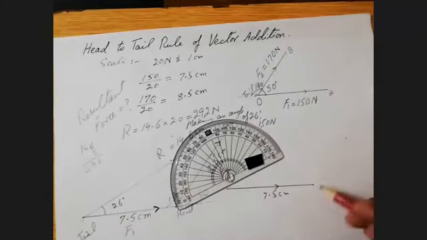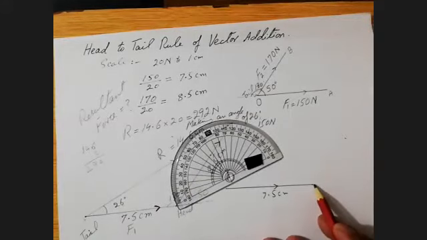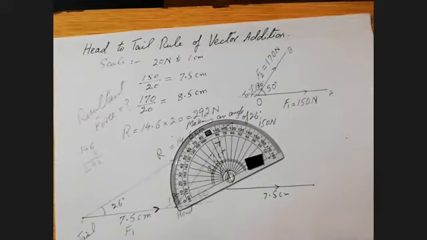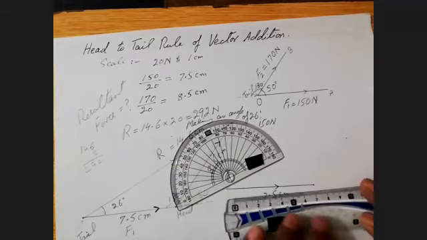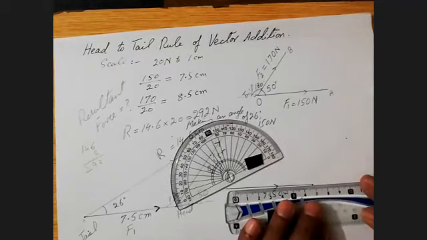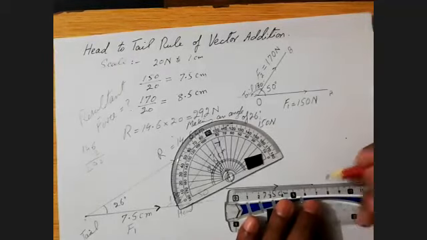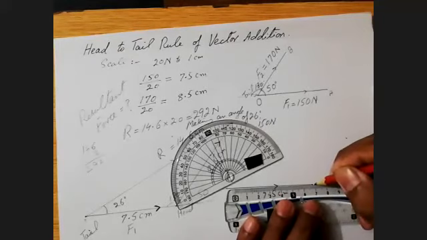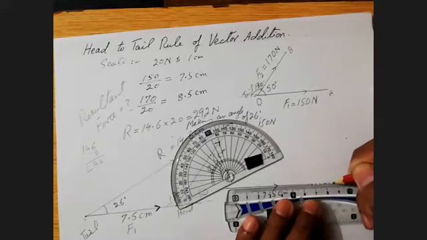Now I have drawn the angle of 50 degrees. Here you have to give a reference line with which you have drawn the angle of 50 degrees. So I am extending this line with the help of a dotted line, so that it is clear that this dotted line is not part of my force.